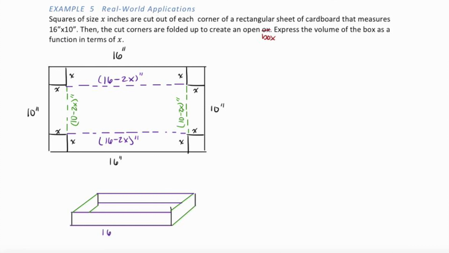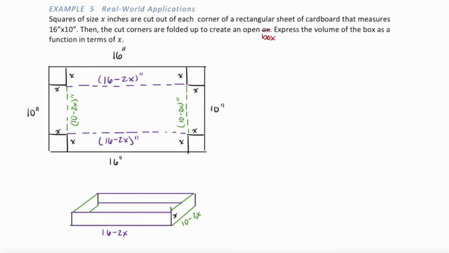This here is 16 minus 2x. Here we have 10 minus 2x. And then of course our height is x. And the colors do correspond to what you see up here. So these purple ones all measure 16 minus 2x. The green ones all measure 10 minus 2x. And these black lines all measure x.